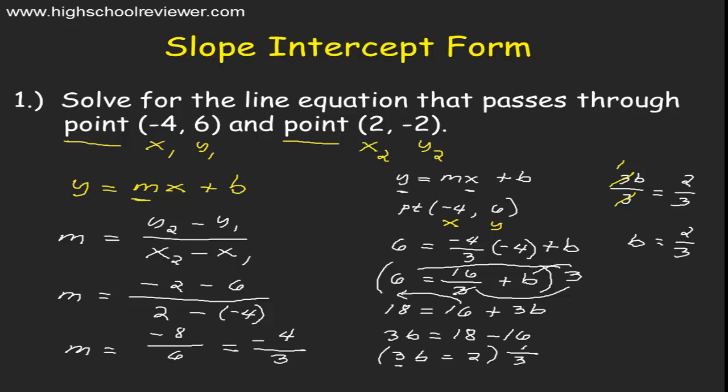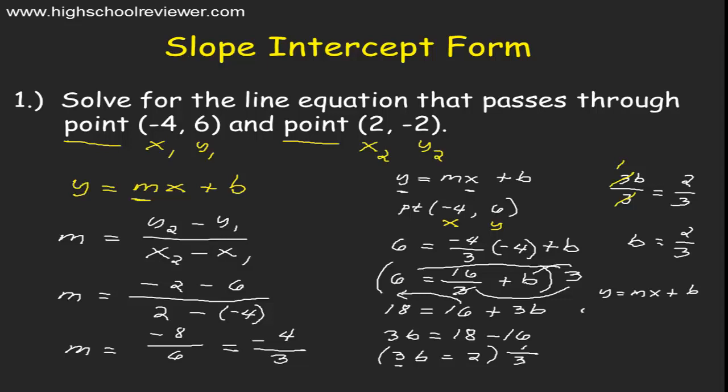So we now have the value for b. We can now find the equation. Again, we will use y is equal to mx plus b. Our y, of course, there is no value for that because this is now our final equation.